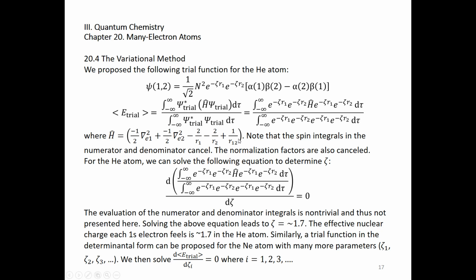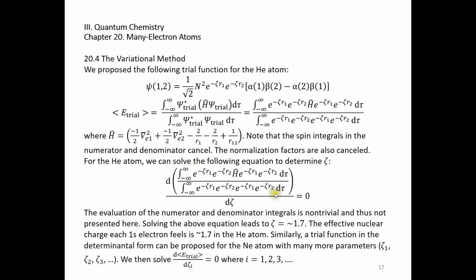We cannot separate those variables. So we can solve the top integral numerically, I believe. The bottom integral is relatively easy because we just have exponential functions. And this d tau is dr1, d theta 1, d phi 1 multiplied by r1 squared sine theta 1, and also we have electron 2.